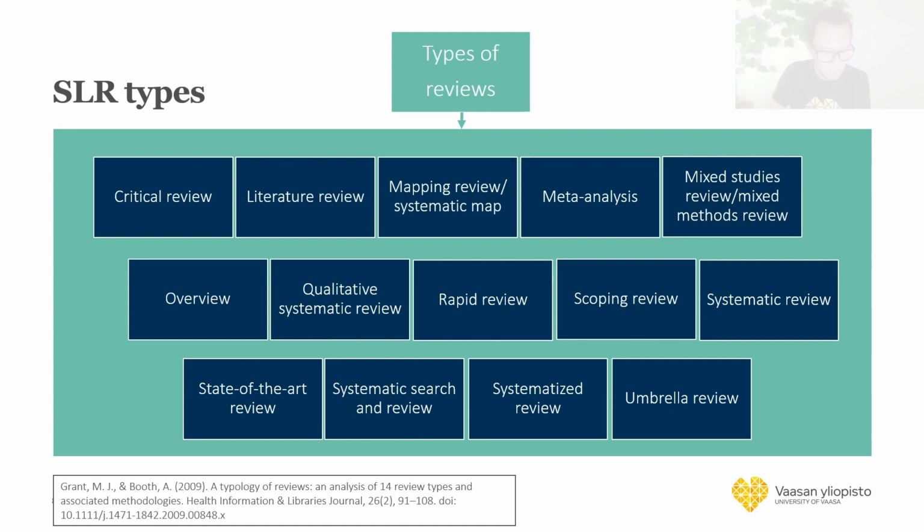In a nutshell, there are different types of analysis, from very simple overviews to quantitative meta-analysis analyzing all the different variables, and different types of fast reviews, like a rapid review or the scoping review, whose methodology and processes are quite different from the systematic literature review.